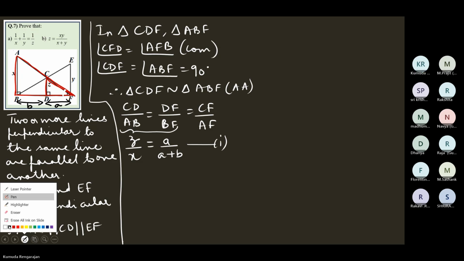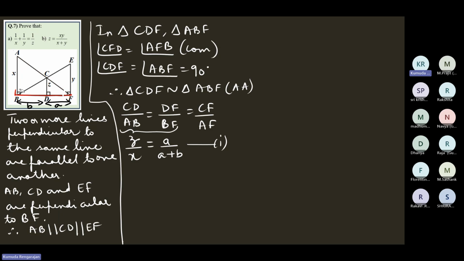Now, take these two triangles. In this, we have this big triangle BFE, and then we have the other triangle BDC.